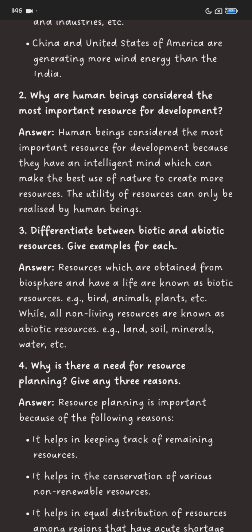Differentiate between biotic and abiotic resources. Give examples for each. Resources which are obtained from biosphere and have a life are known as biotic resources. For example, birds, animals, plants, etc. While all non-living resources are known as abiotic resources. For example, land, soil, minerals, water, etc.